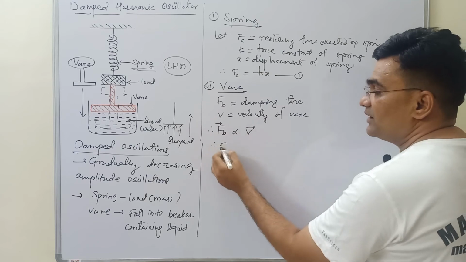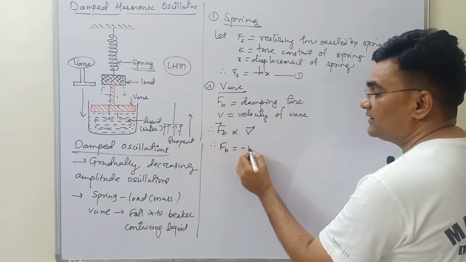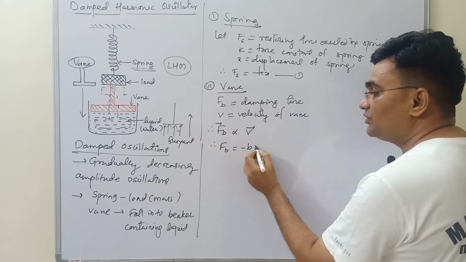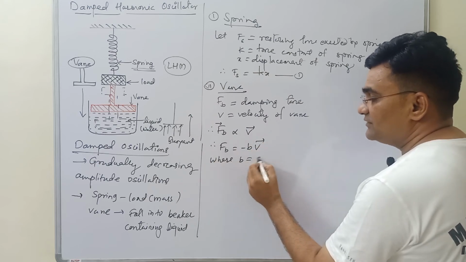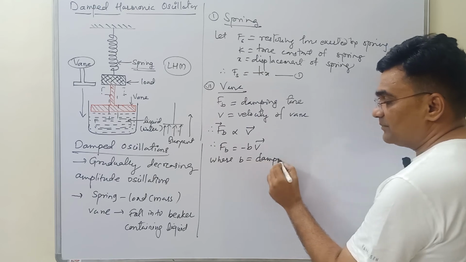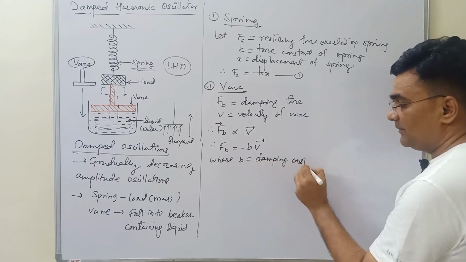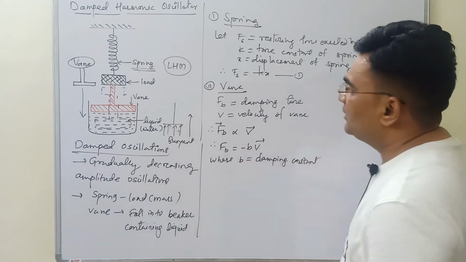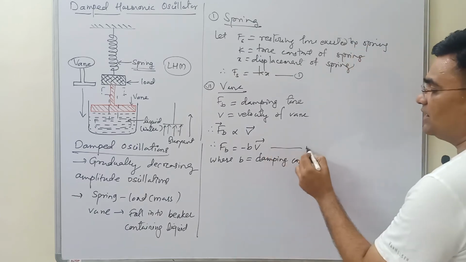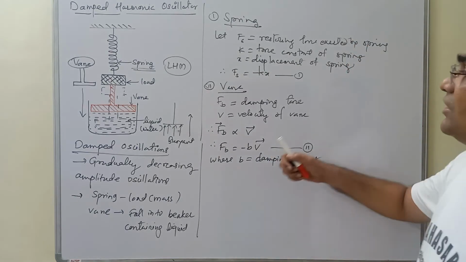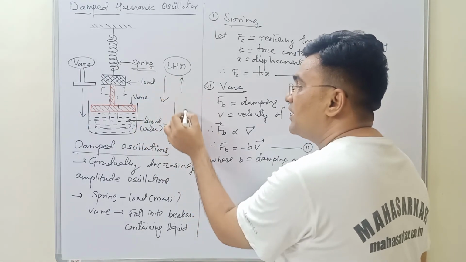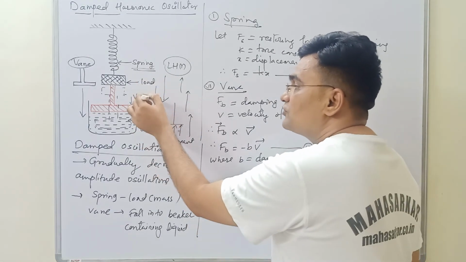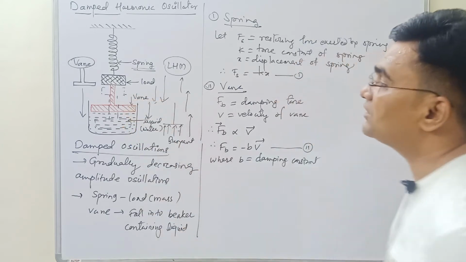Fb equals minus b into v, where b is the damping constant. So we have reached our basic assumption: two forces, a restoring force and a damping force, both opposing the motion.